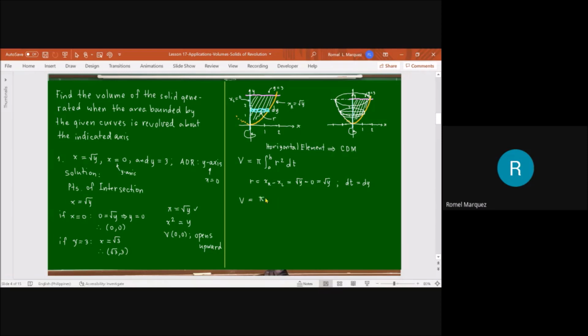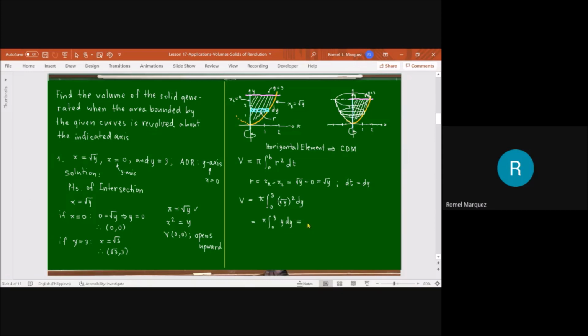So pi integral from 0 to 3, y values from 0 to the highest value of y, 3. Then square root of y, that is our radius, squared. And then dy, that is our dt. So giving pi integral from 0 to 3 of y dy.